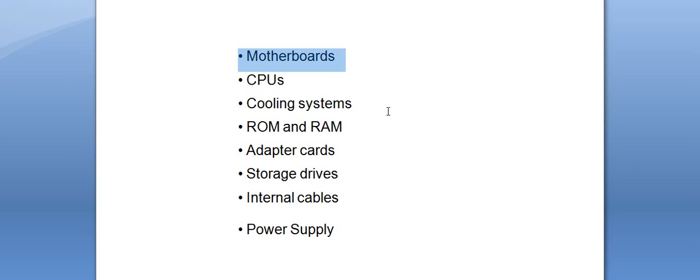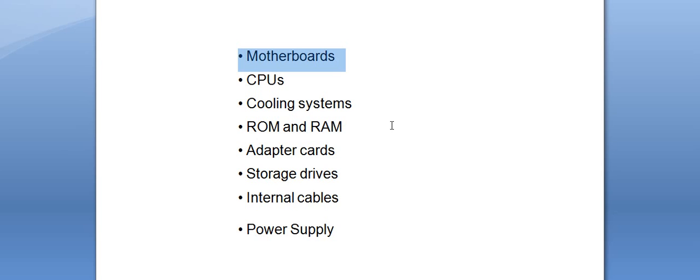There's also motherboard form factors, which is the same again, just the size and shape of your motherboard, and also the physical layout of all the components that are on the motherboard.